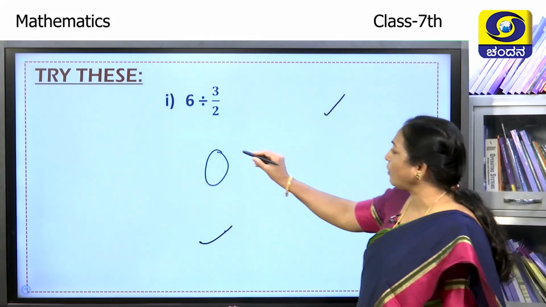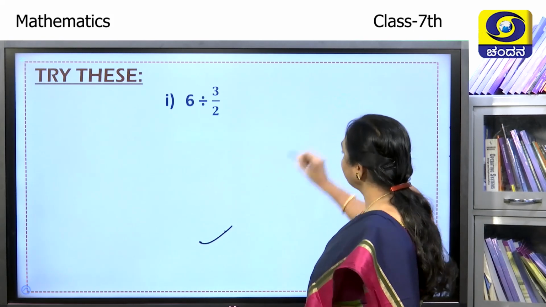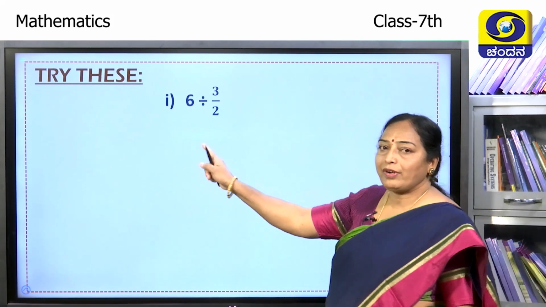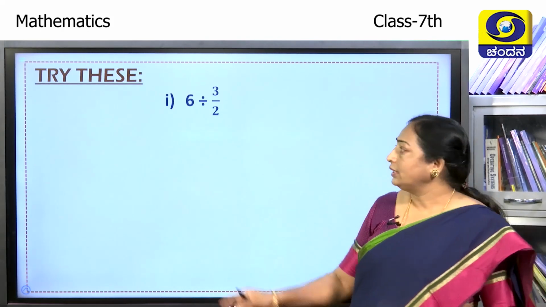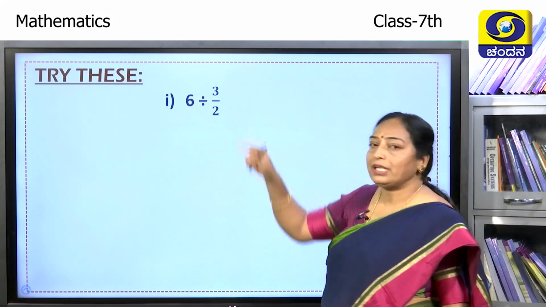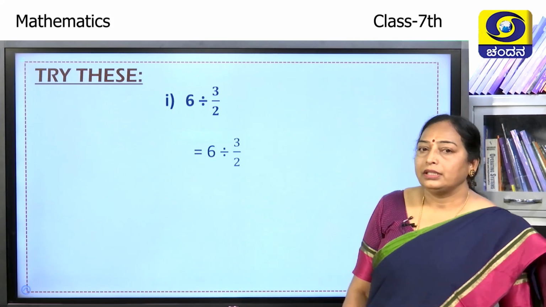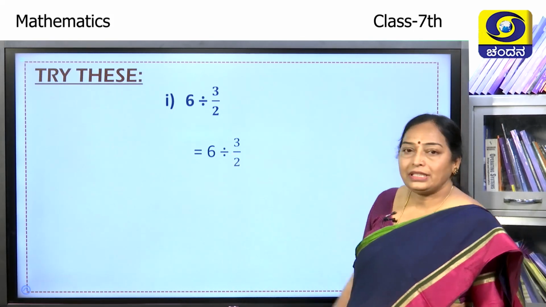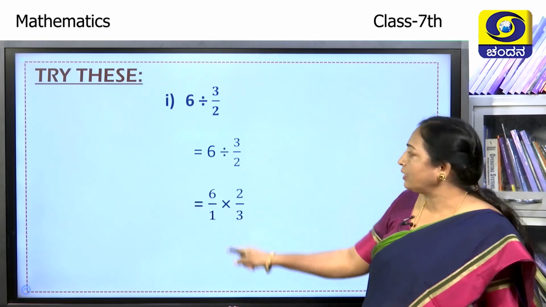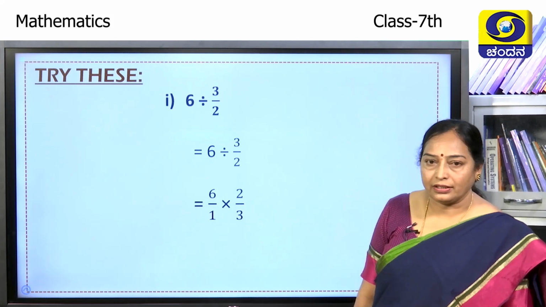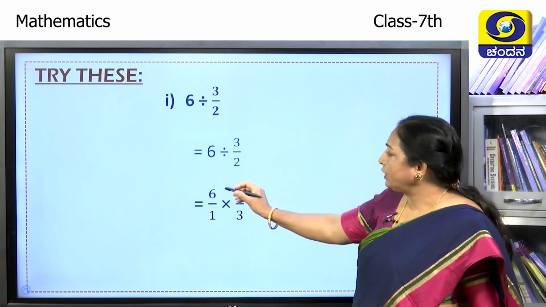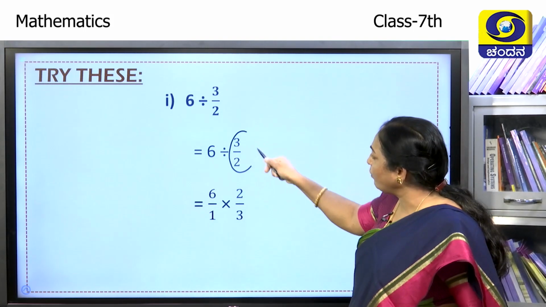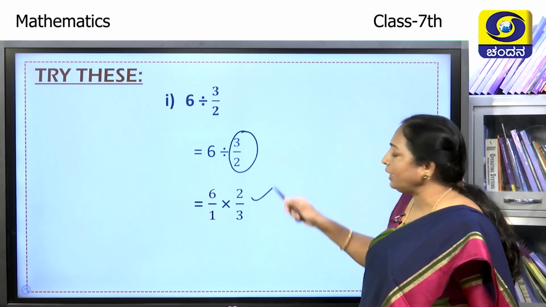Let us take one more example here. 6 divided by 3 by 2. 6 is a whole number, 3 by 2 is a fraction. What do you have to do now? The division sign is changed to a multiplication sign, and 6 is multiplied by the reciprocal of 3 by 2, that is 2 by 3.